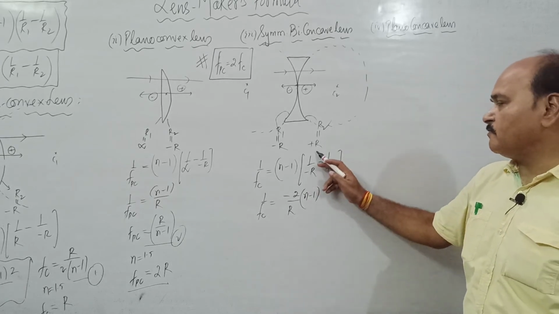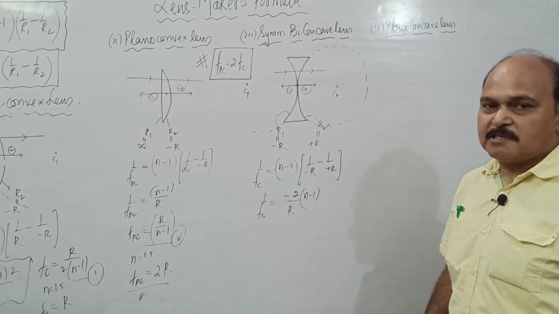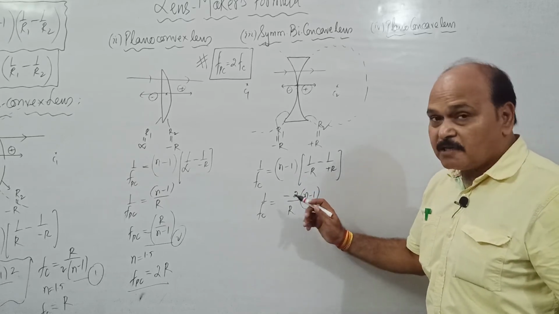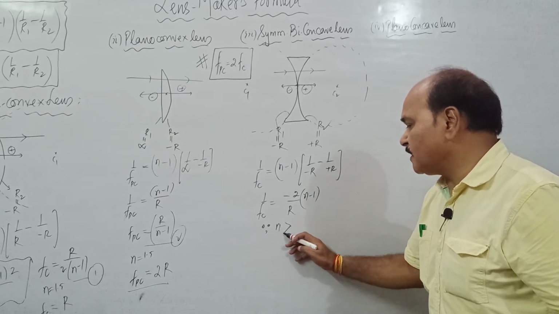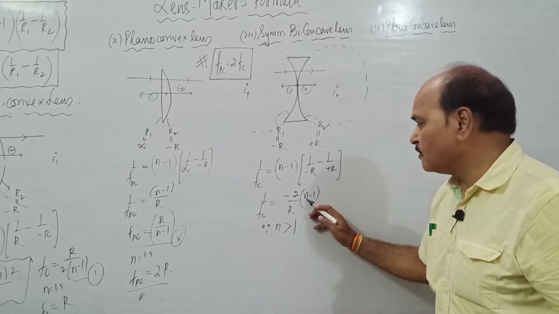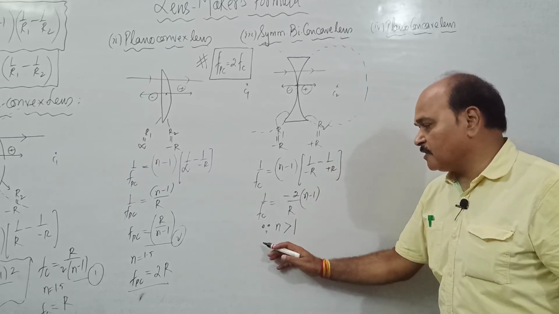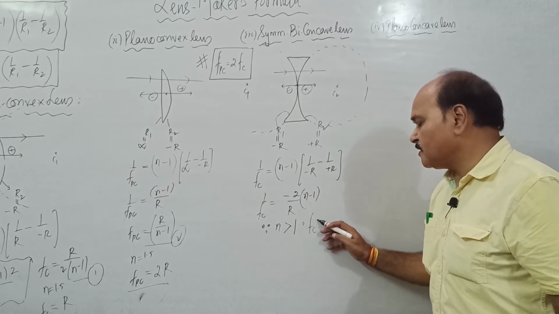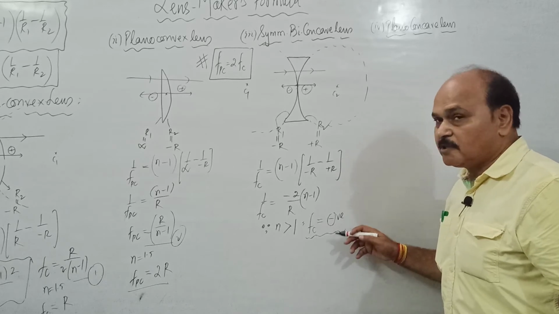This is minus 1 upon R, minus 1 upon R is minus 2 upon R, and minus 1 is as it is. Since n is the absolute refractive index, it is always greater than 1, therefore this value is always going to be positive. That means the focal length of the concave lens is going to be negative.